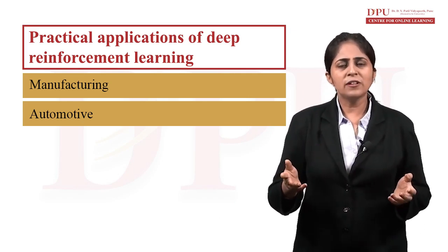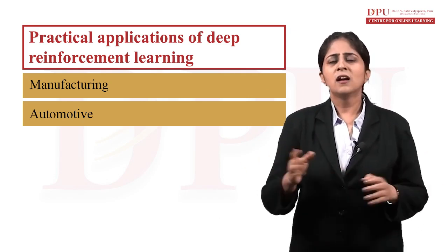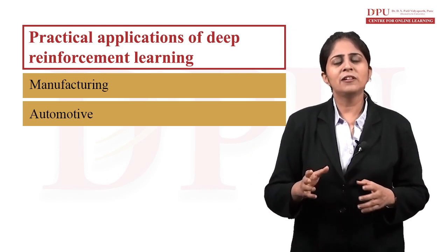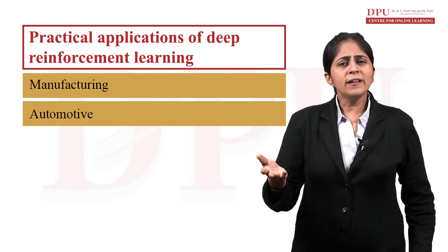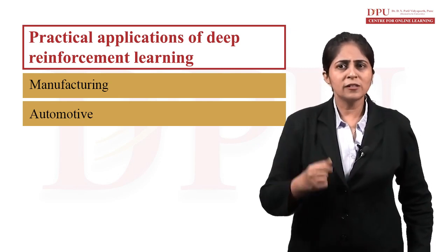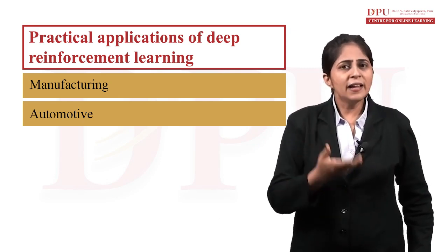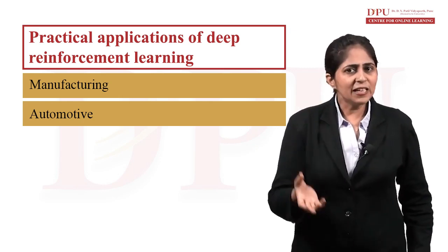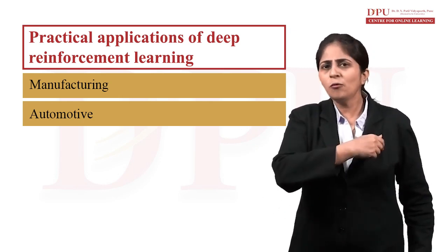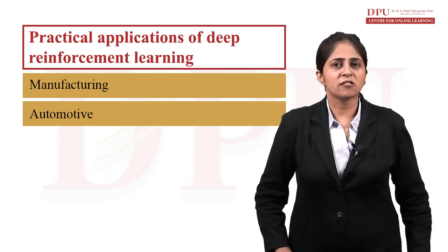So in the automotive industry, there is a large data set that will power deep reinforcement learning. Already we are using autonomous vehicles. They will help transform the factories, the vehicle maintenance, and the overall automation in the industry.